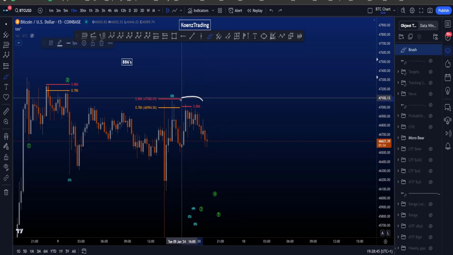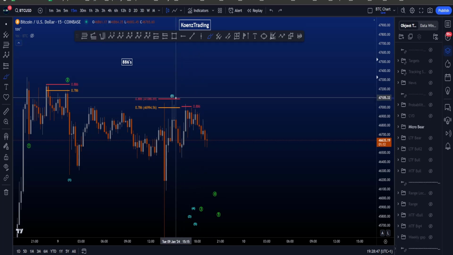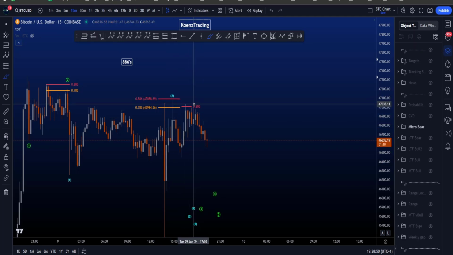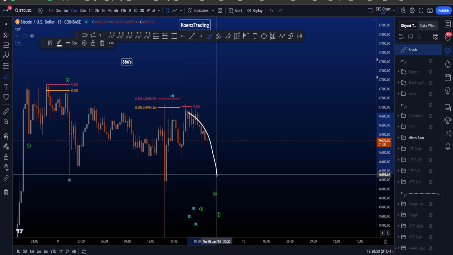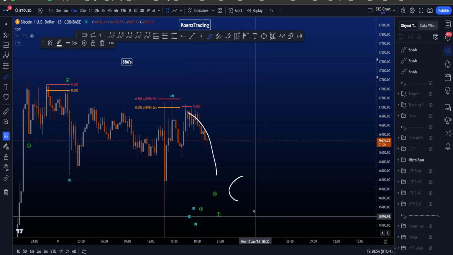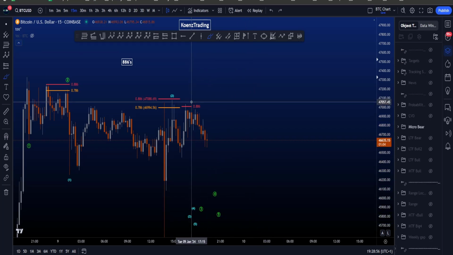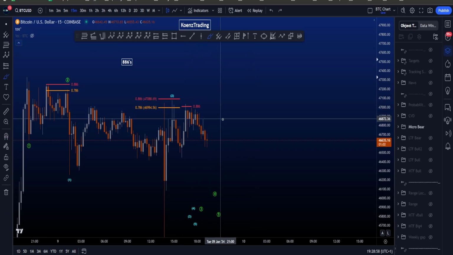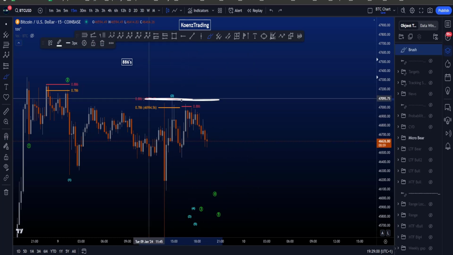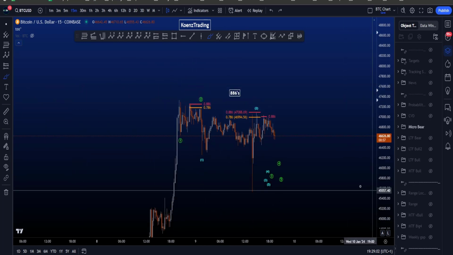But also here, wave 2 retraced to the 886 from the high to the low, which again increases probabilities that any move to the downside is a C or a Y, lowers the probabilities that this is a wave 2, which therefore increases the probabilities that sooner or later these highs will be taken.